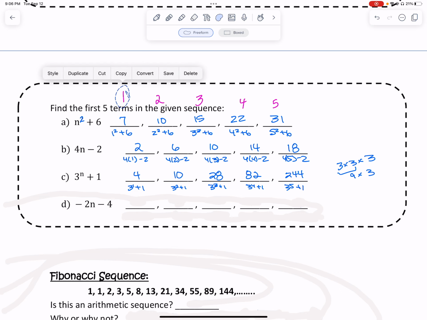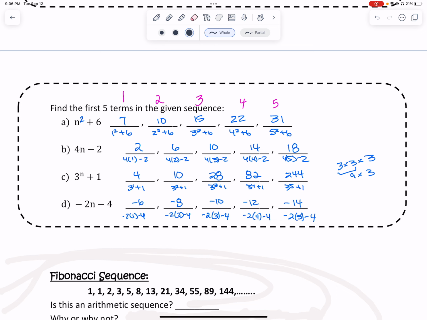So all of these are essentially plugging and chugging, that's what I call it. So I just plug in 1, 2, 3. I'm either going to plug 1 in there to get the first one, then I plug 2 in there, then I plug 3 in there, then I plug 4 in there, and then I plug 5 in there. And that's how I get all those numbers.